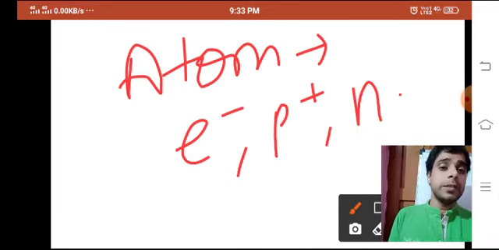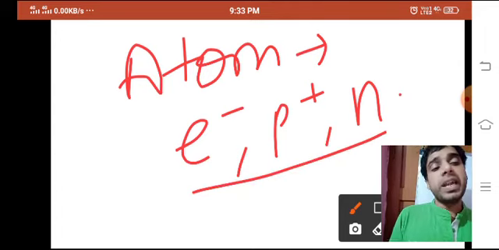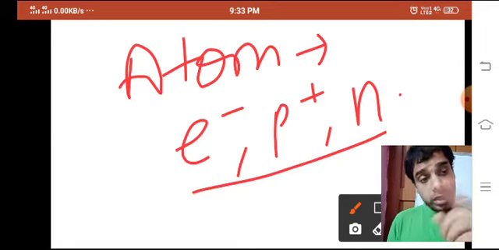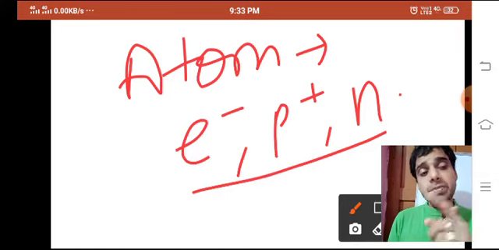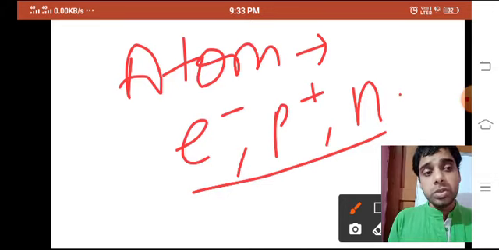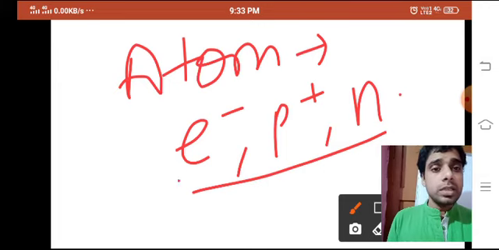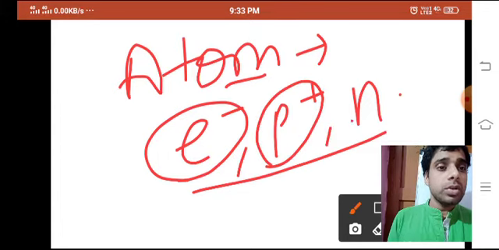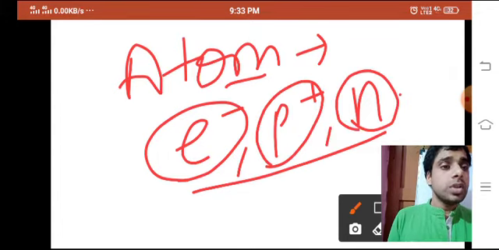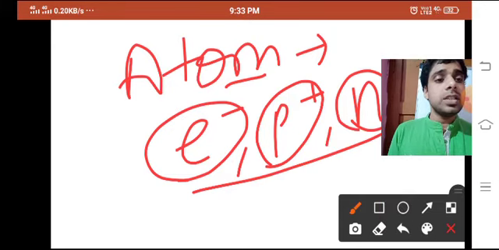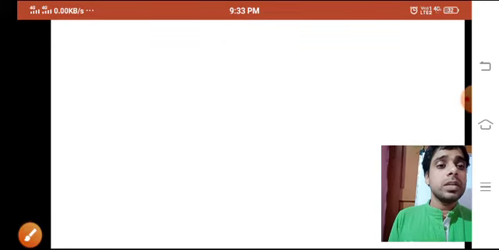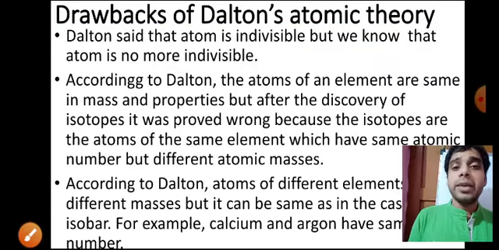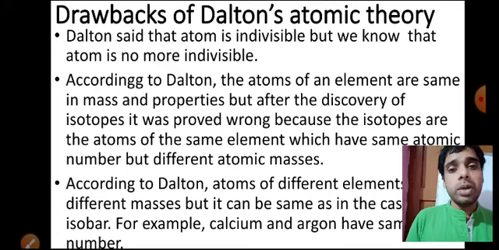These are subatomic particles. Dalton said in his postulate that atoms are indivisible, but the atom breaks down into electron, proton, and neutron. So we can say that is the wrong assumption he made.